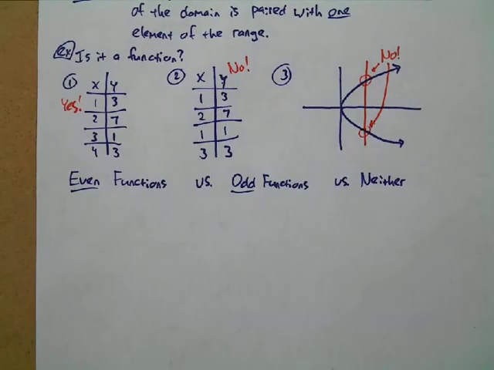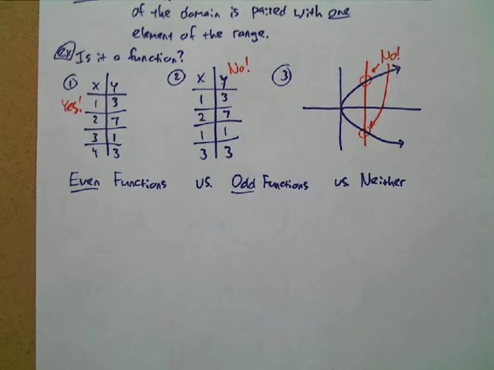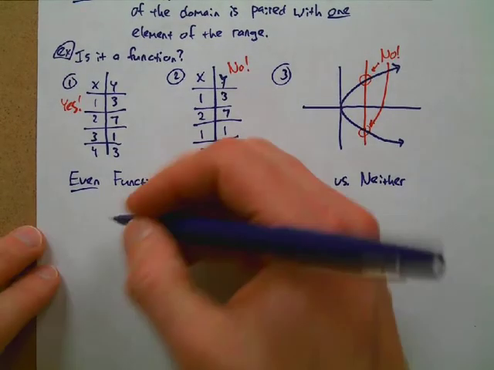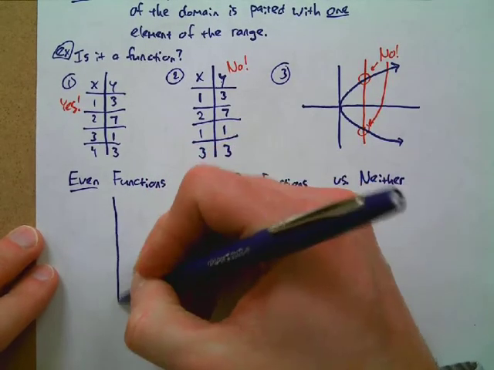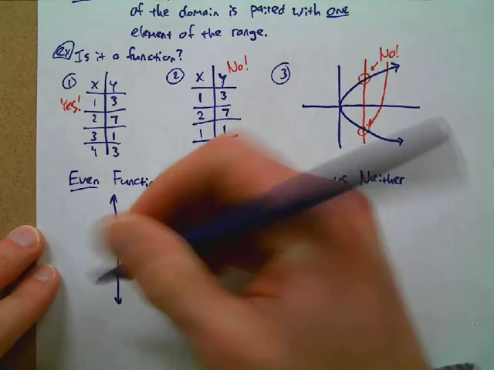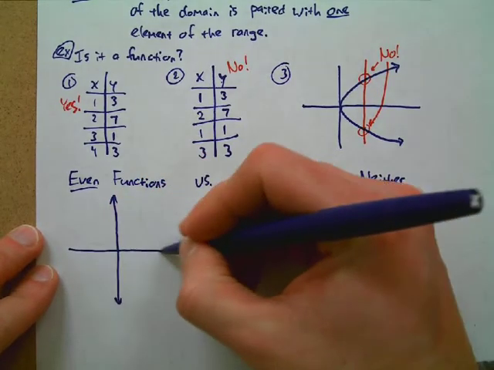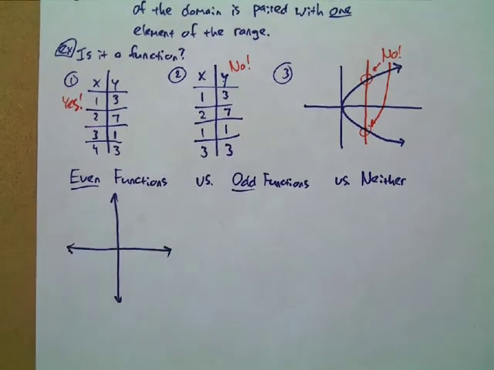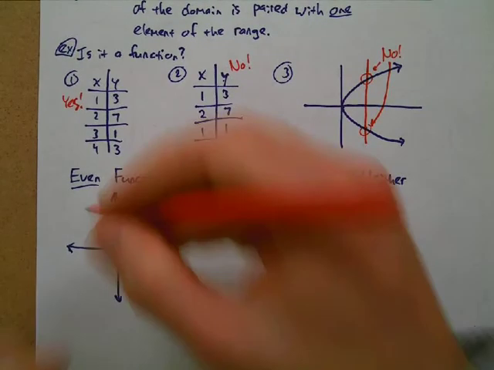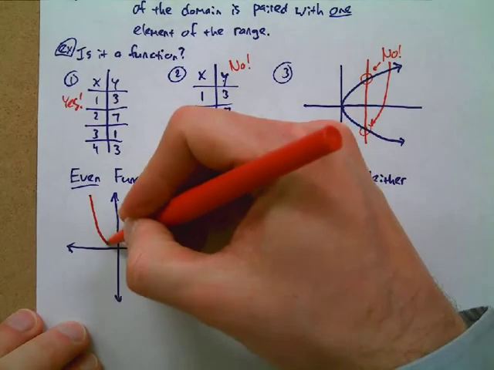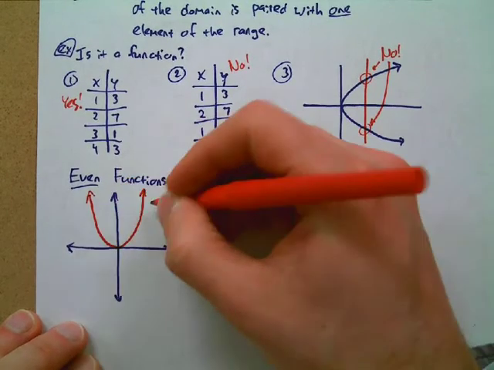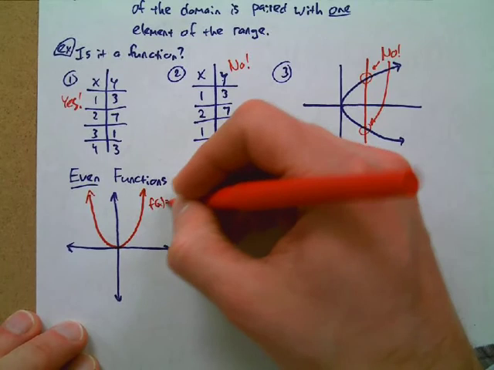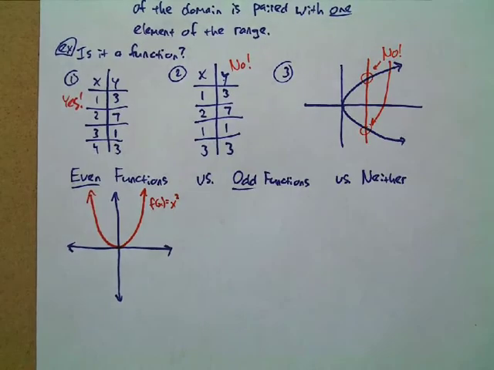So first we'll draw an example, kind of like an exemplar, we'll say an exemplar. Because of course there are many different even functions, but the classic even function you might think of is the parabola. So f of x equals x squared. This is just an example, right?